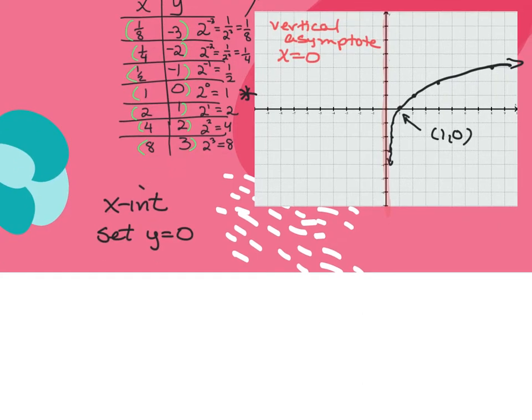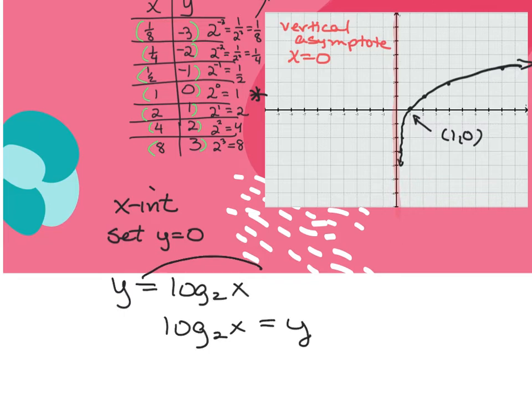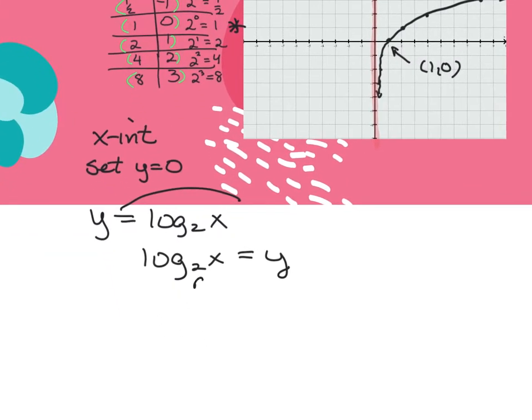But let's go ahead and do the problem. So here was my original log function. Again, I can move the y to the back so I have my answer over here, so I can use my Bay trick.